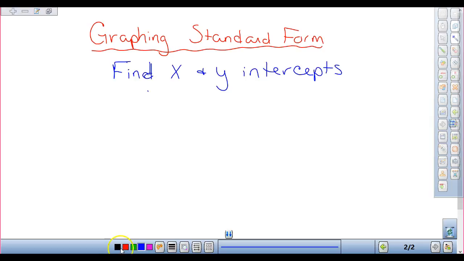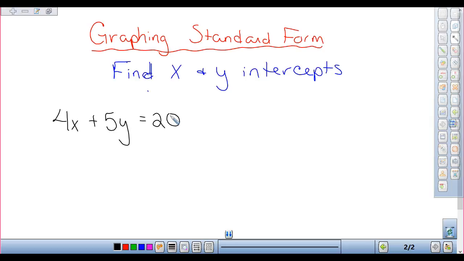Okay? And so how we're going to do that is I'm going to give you an equation. Let's say I have 4x plus 5y equals 20. Okay?